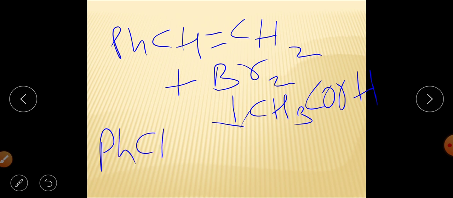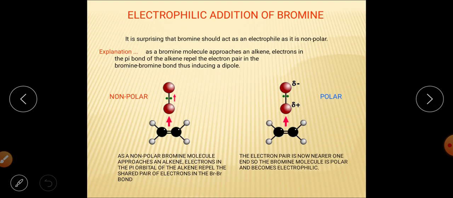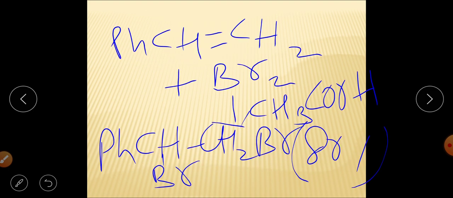And what are these two different products? One will be the addition product, like this one, where this Br has been synthesized, and here you will get the Br. This has been synthesized in 80% amount, right? 80% will be this particular product.